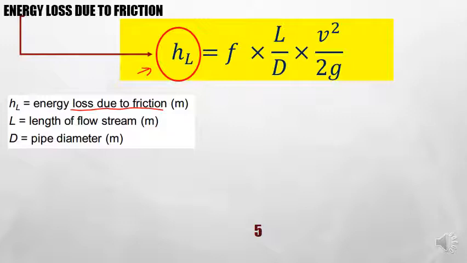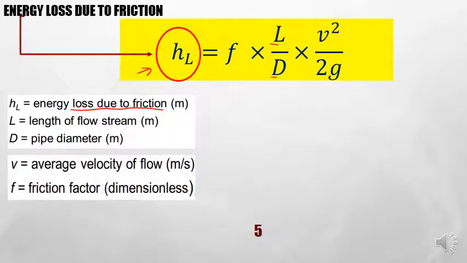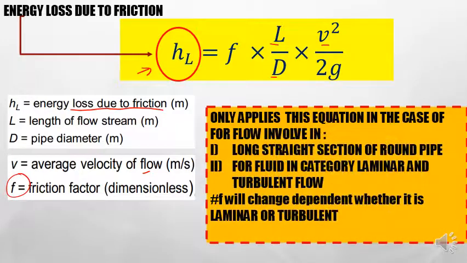So the L here is actually the length of pipe, the length of flow stream, and D stands for diameter. V is just the average velocity of flow, and F is basically the friction factor. This equation can only be used in the case of a long straight section of round pipe, so that means it's just for flow which occurs in a pipe, and for fluid in the category of laminar and turbulent.